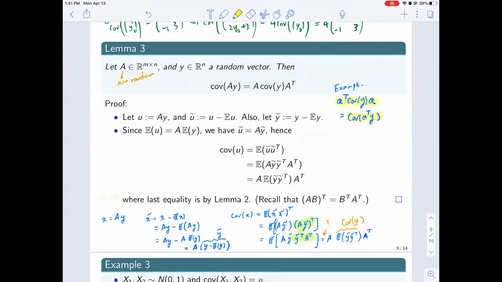The reason is I'm applying this. Take this to be A transpose, and then A transpose would be A. So then this is A transpose Y. This formula just says covariance of A transpose Y. Oh, it's just from the lemma. Okay. From the lemma applied to, yes.